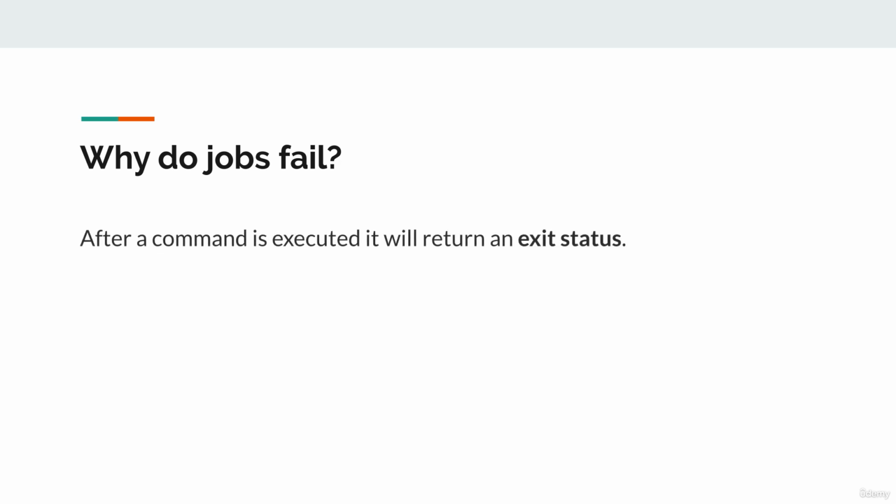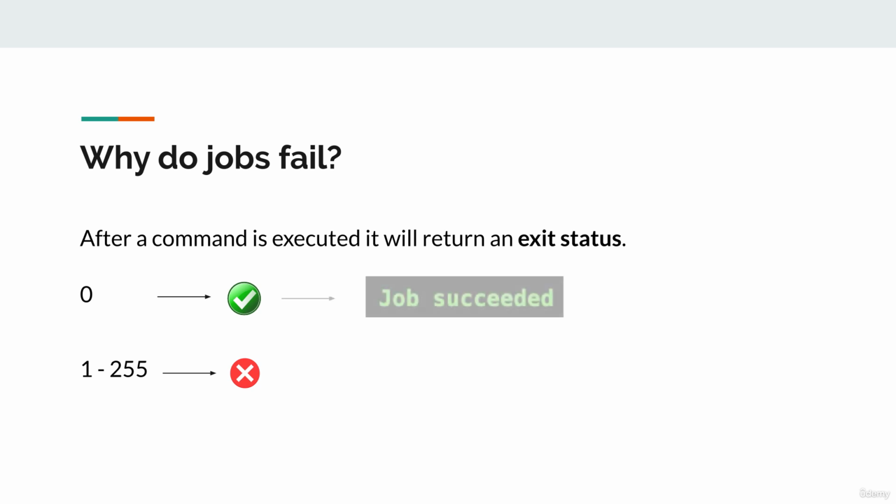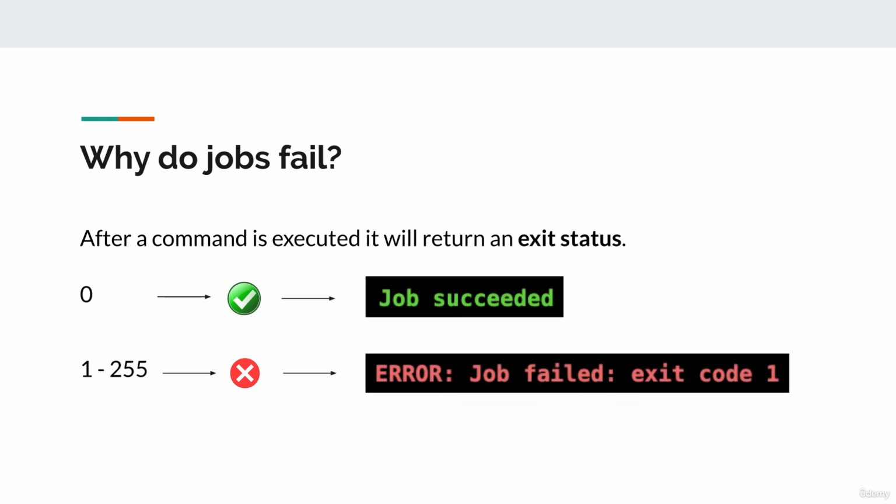Every time a command is executed, it will return something. And by convention, it will return 0 on success, and it will return an integer in the range of 1 to 255 on error. So every time GitLab CI gets a status that is not 0, which means success, it means that something failed.